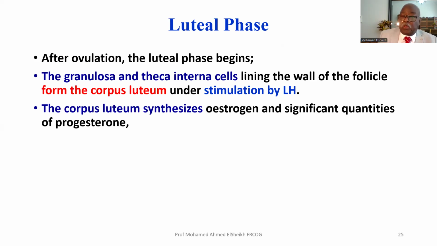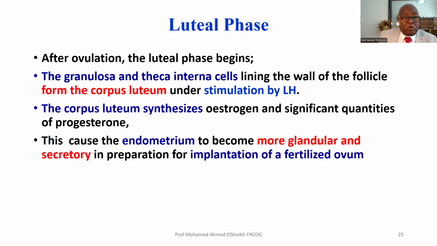This corpus luteum continues to synthesize estrogen and significant quantities of progesterone. It is important for it to stay there, for if fertilization has taken place, it will keep producing the estrogen and progesterone till the placenta takes over.